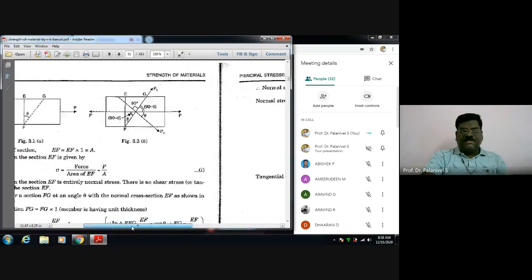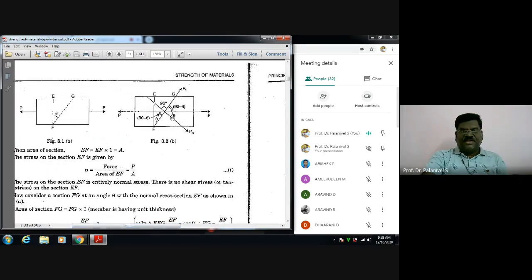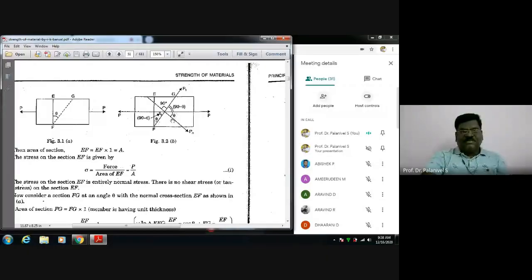Listen here, refer to this figure. P is acting like this. If you want to resolve it normal to this one, please see here, this angle is theta, this angle is also theta, because this is perpendicular to the incline and this is perpendicular to the direction of the loading.